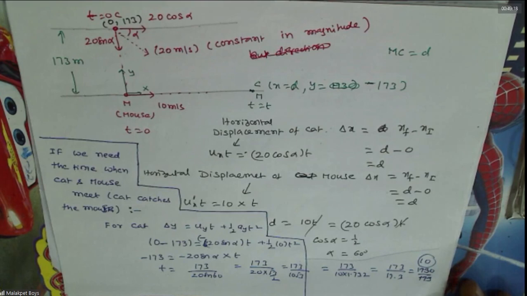Read the question once. First, see, 3 cases he has given in this. Yesterday we had done the same problem. Remember this? I'm repeating it as a variety, that means a different method. Case 1, the man is still.